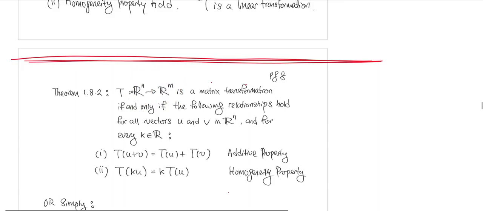For your information, this theorem is also true not just for Rn and Rm, but for any finite dimensional vector spaces. But since this is just an introductory linear algebra course, we don't want to make the situation very complicated. So we are going to concentrate on Rn and Rm every time we use theorem 1.8.2.